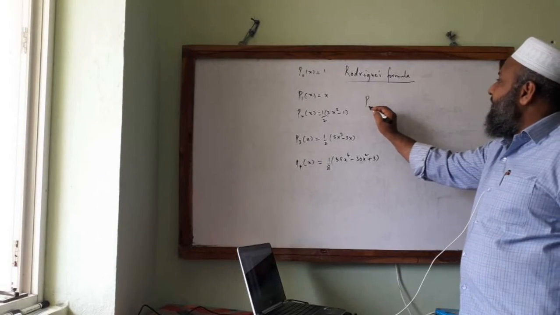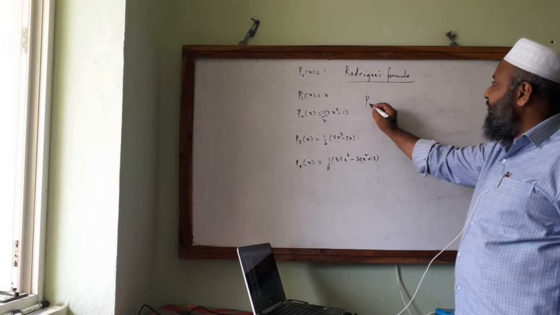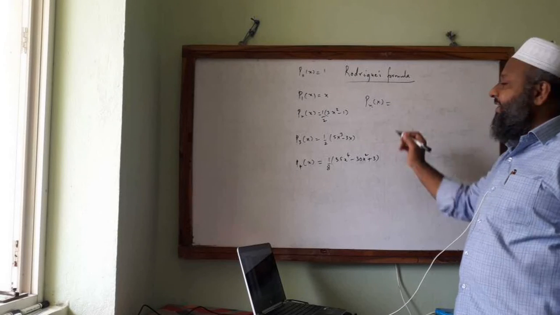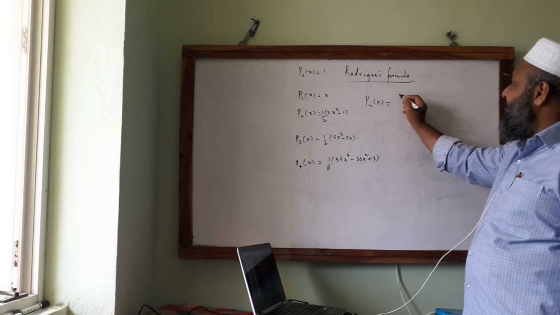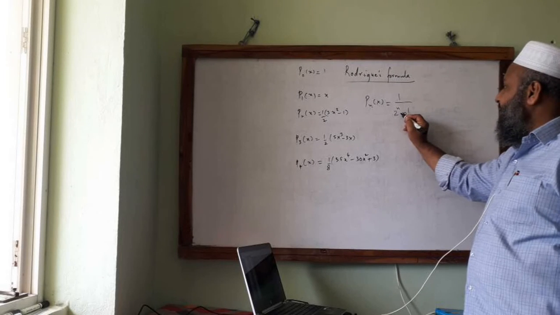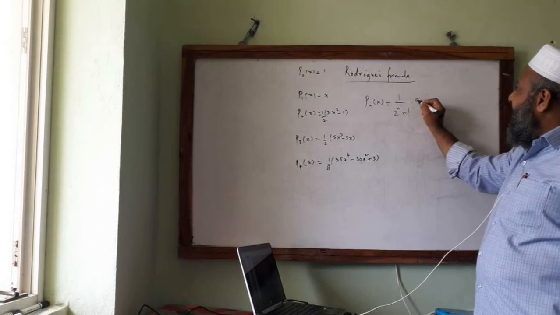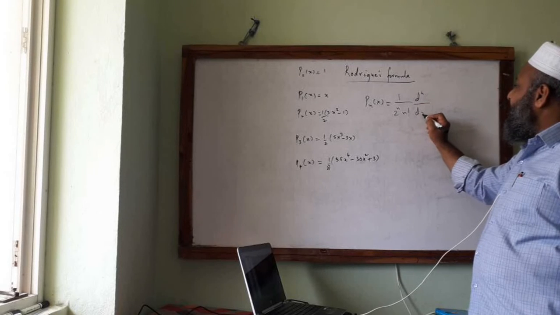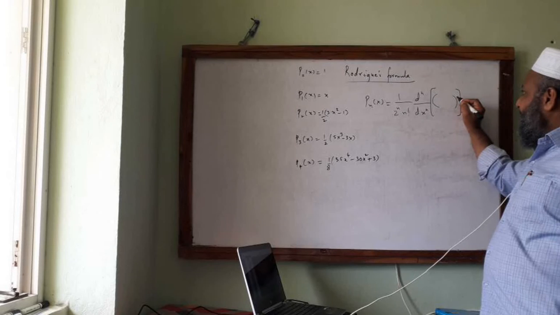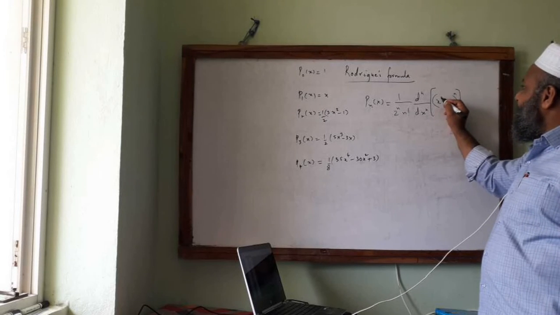Pn of x, meaning P0, P1, any one of these, you can get it by using Pn of x is equal to 1 upon 2 to the power of n into n factorial, the nth derivative d power n by dx power n of the nth power of x square minus 1.